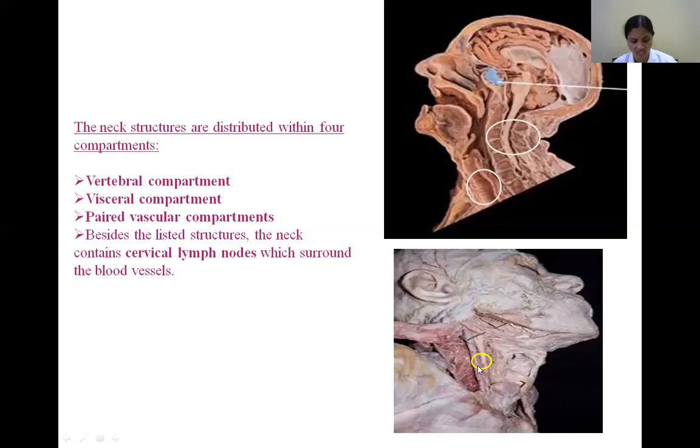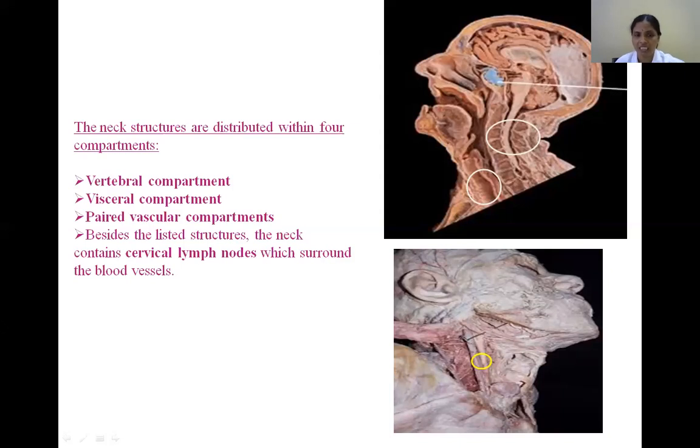This is the main deep vein of the neck, where it receives most of the superficial veins of the neck. And in between, there is the vagus nerve on the posterior plane in the carotid sheath. So it represents the vascular compartment of the neck.